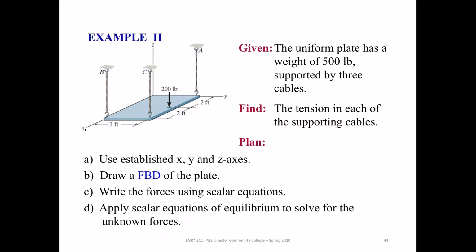And we've drawn them right along these lines of this rectangular plate, right? So same thing as before. We establish these axes, draw the free body diagram, write the forces using the scalar equations, and we're going to do it two-dimensionally.